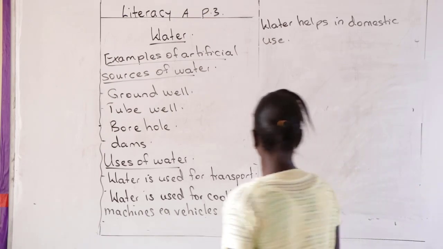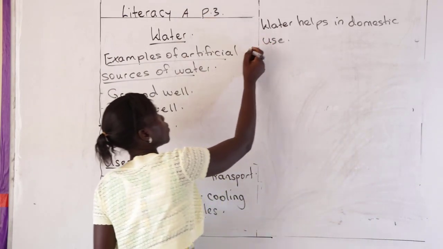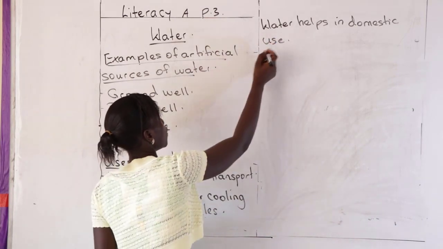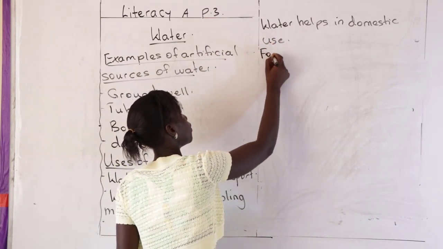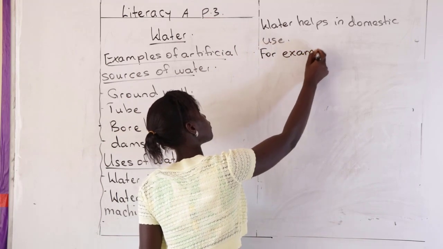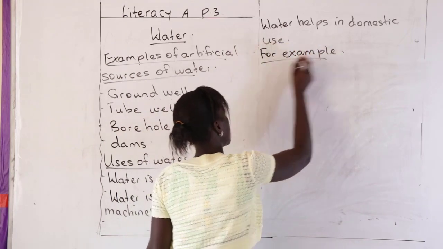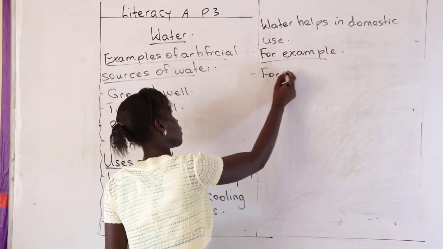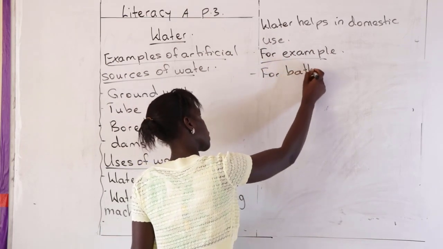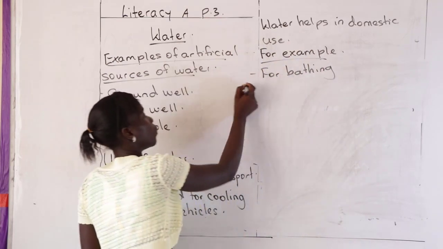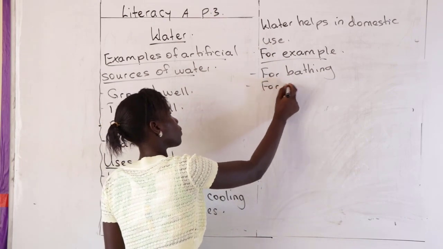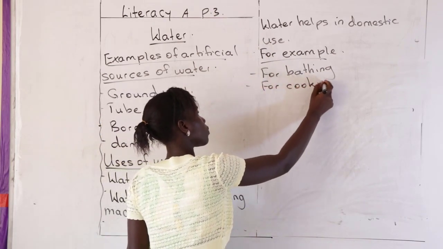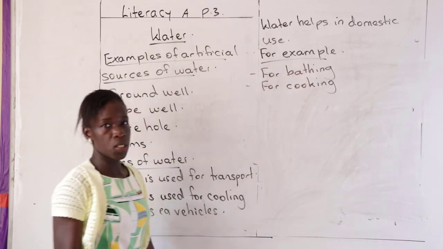What can we use water for when we are at home? We use water for bathing. All those are domestic use. We use water for cooking. That is domestic use.